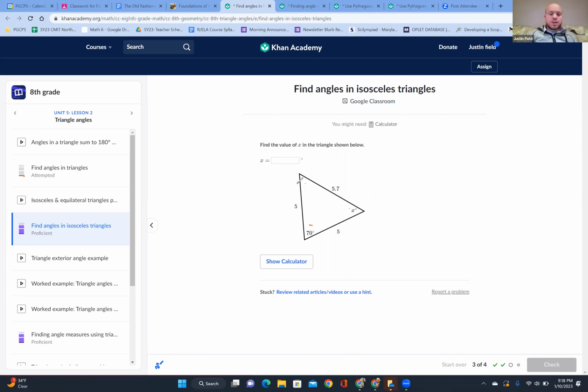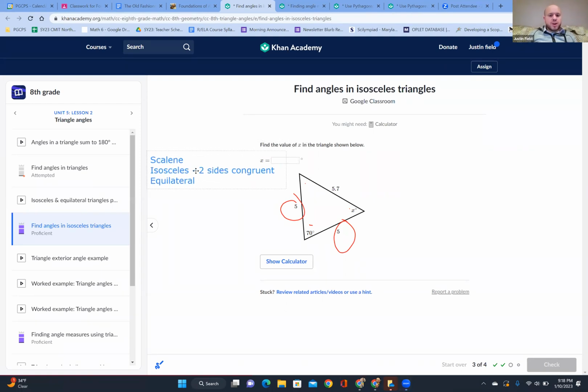Well, that actually works if your triangle is isosceles. So make sure you look up scalene, isosceles, and equilateral if you don't know them already. I'll just tell you this: isosceles, two sides congruent. A little bit of helpful information.